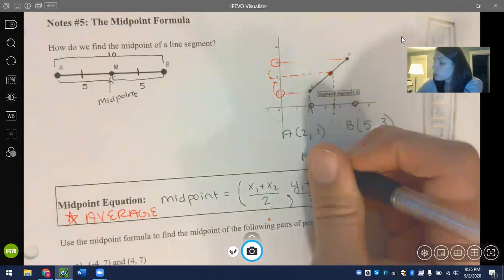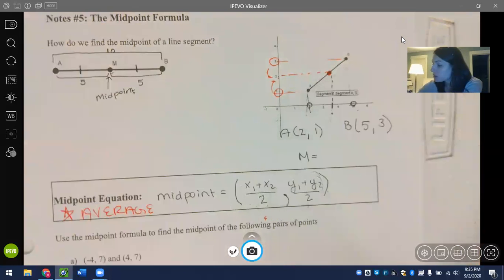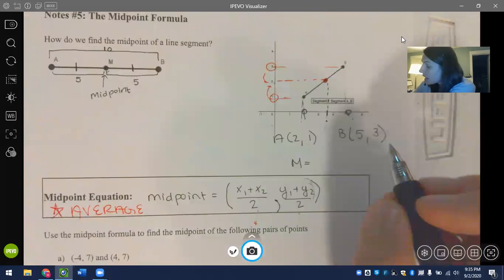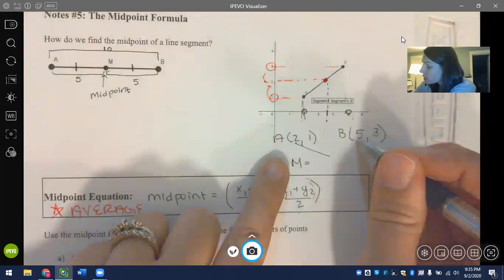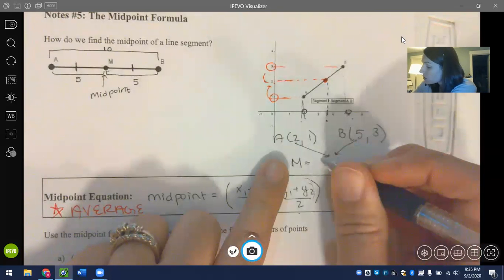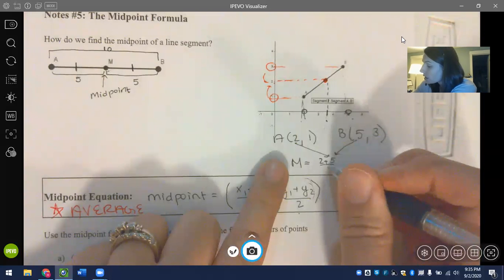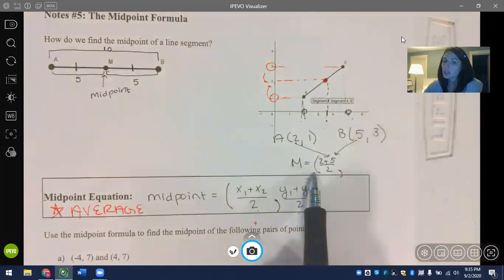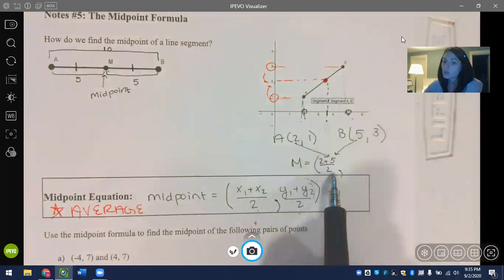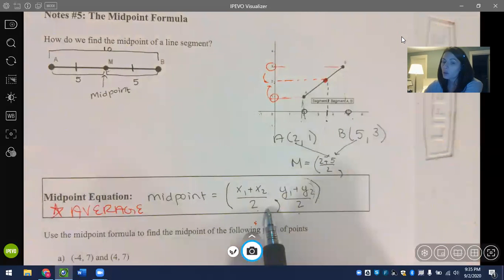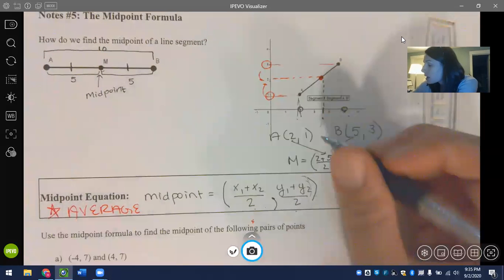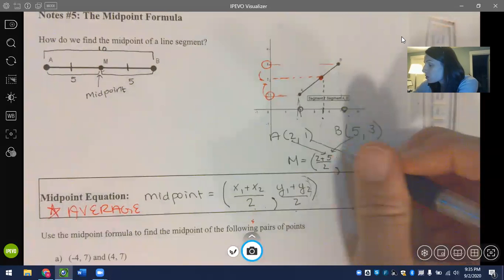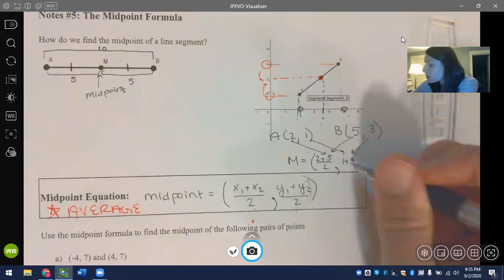My midpoint can be found by adding my two x values up, so 2 plus 5, and dividing by 2. Notice I'm writing it as an ordered pair. So I'm going to add these x's and divide by 2, and that's going to be my new x value in my ordered pair. I'm going to add my y values, so 1 plus 3, and divide by 2.